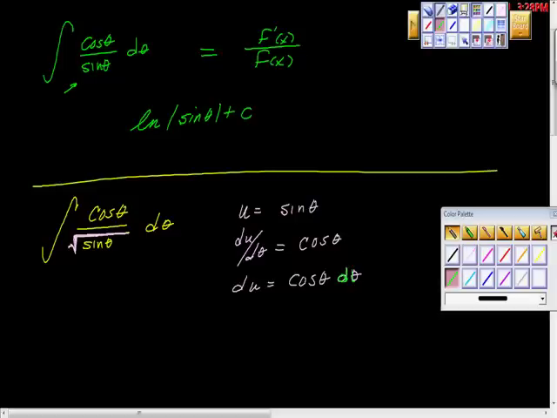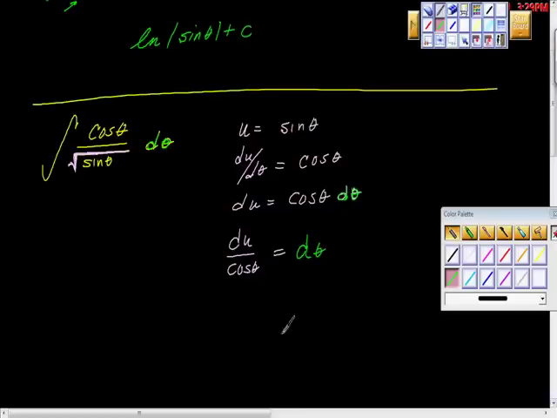We like to replace this d theta value over here, so we have to figure out what that might equal. So we find that du over cosine theta is equal to d theta.